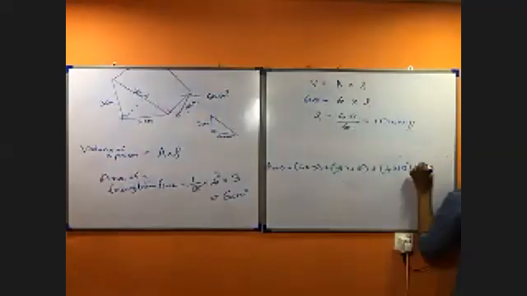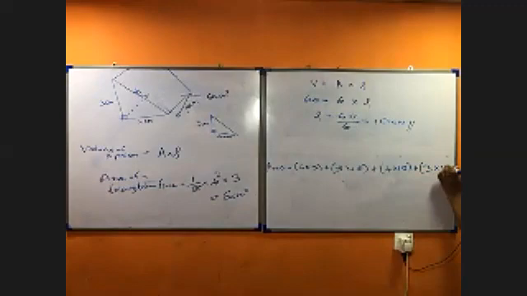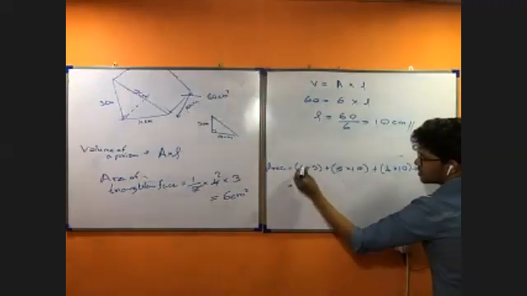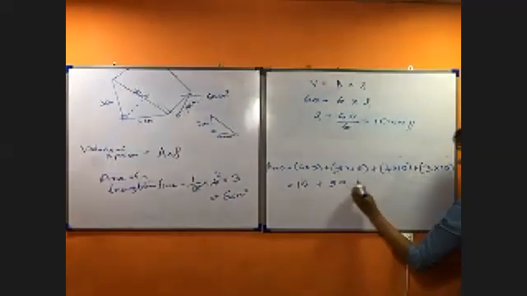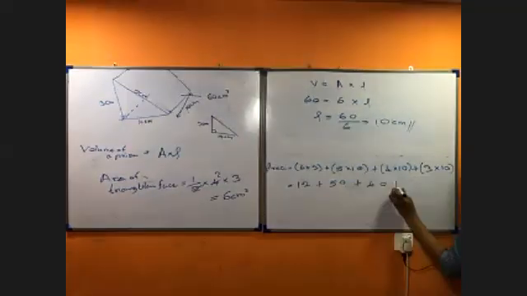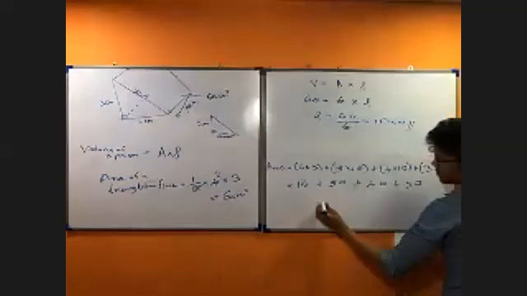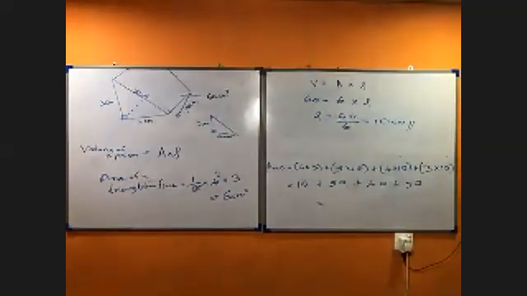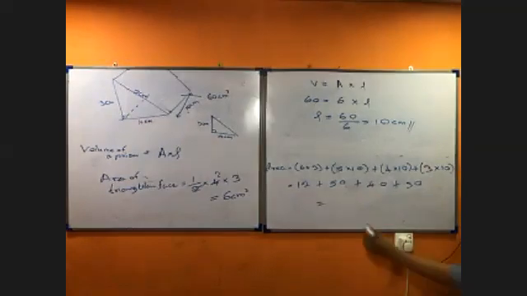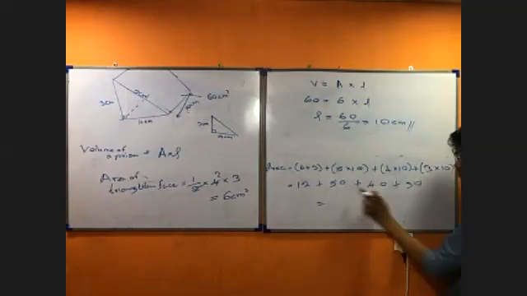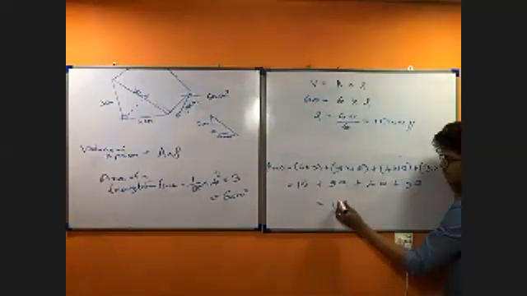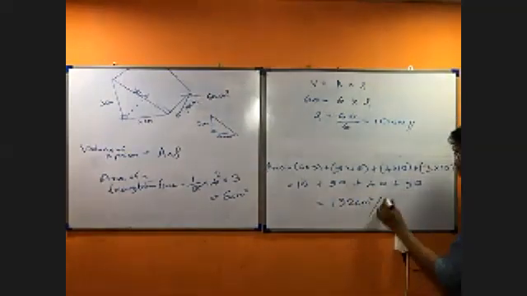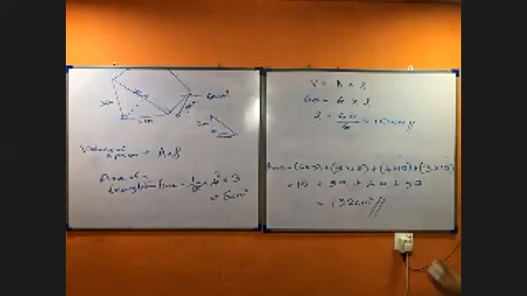So 6 times 2, 12, plus 50 plus 40 plus 30. 50 plus 40 is 90, 90 plus 30 is 120, 120 plus 12 is 132 centimeters square. That is the area of the prism.